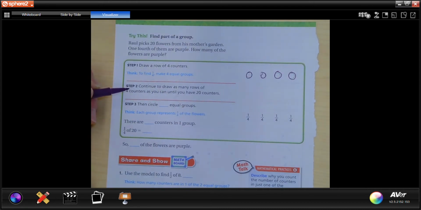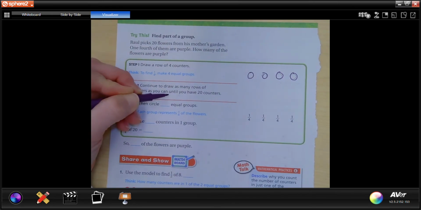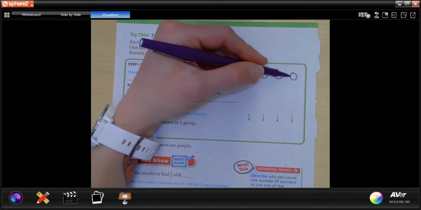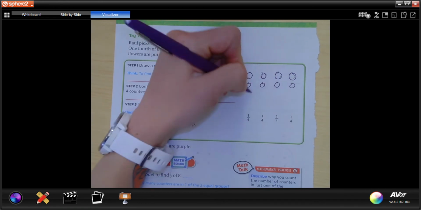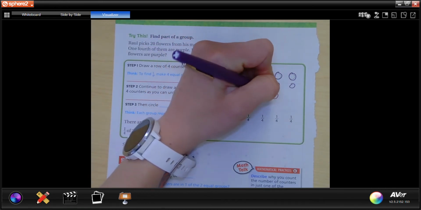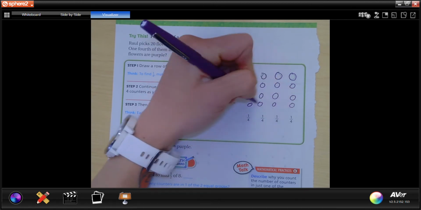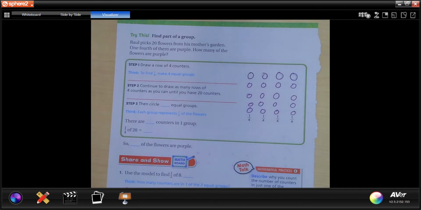Continue to draw as many rows of 4 counters as you can until you get to 20. So 1, 2, 3, 4, 5, 6, 7, 8, 9, 10, 11, 12, 13, 14, 15, 16, 17, 18, 19, 20.